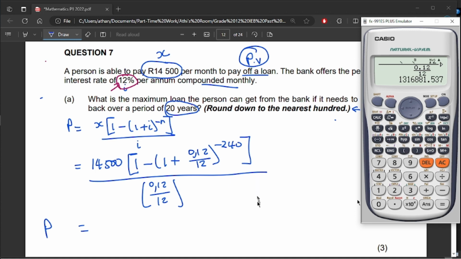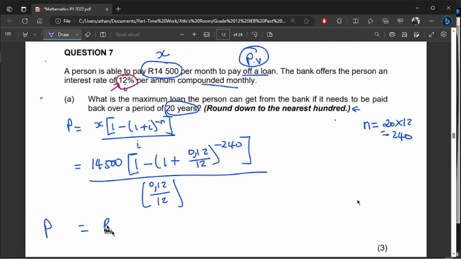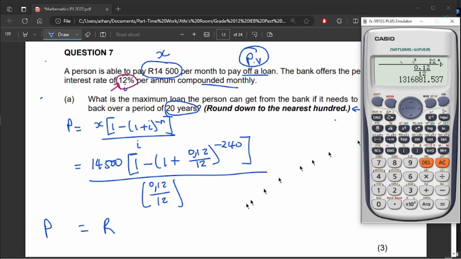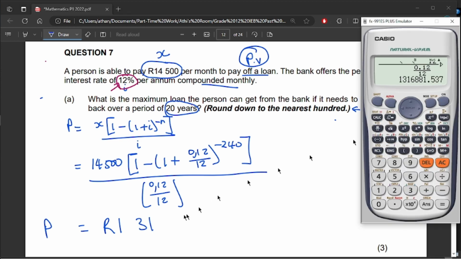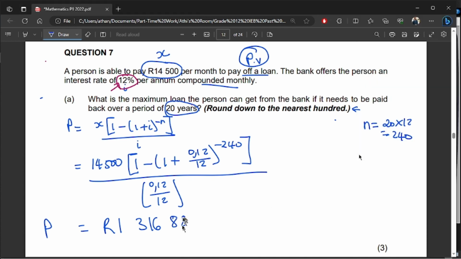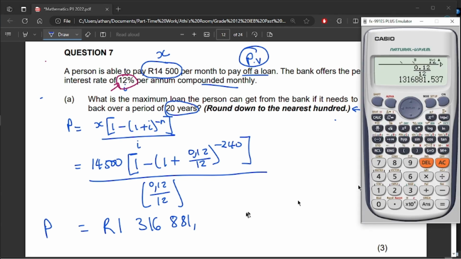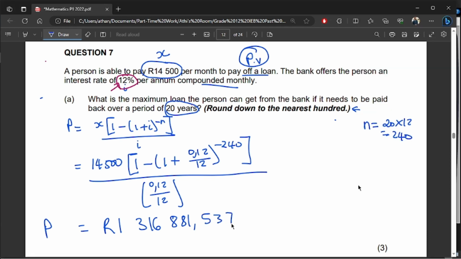Now remember they said round to the nearest 100. So let me write the first 3 digits down. It's 246. Okay, it's a million. This one, 1,316,881,537.